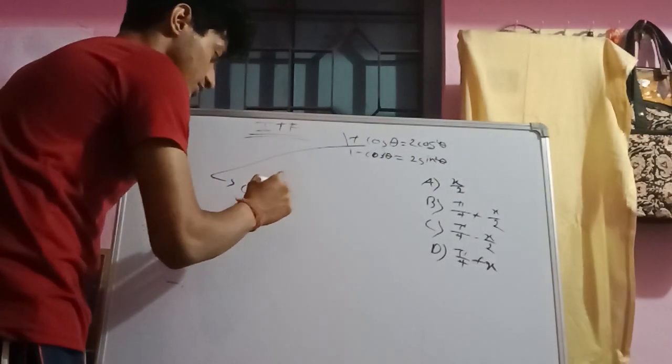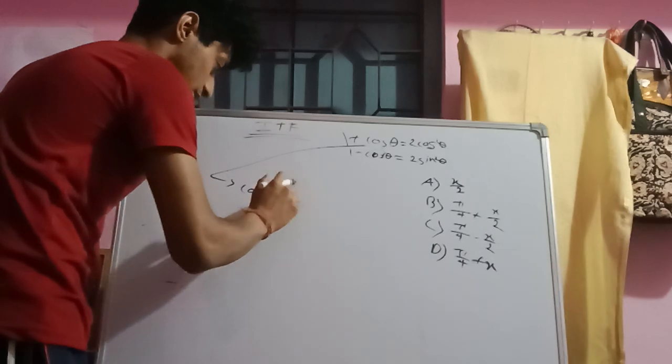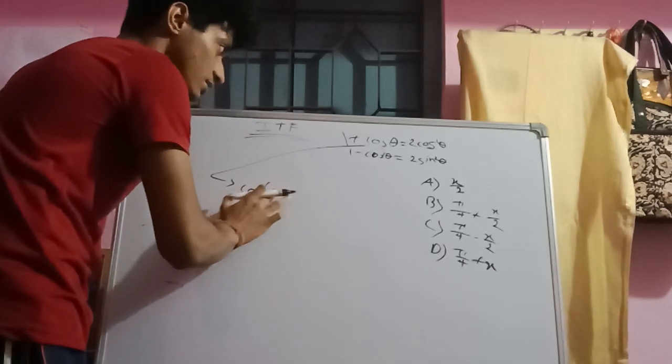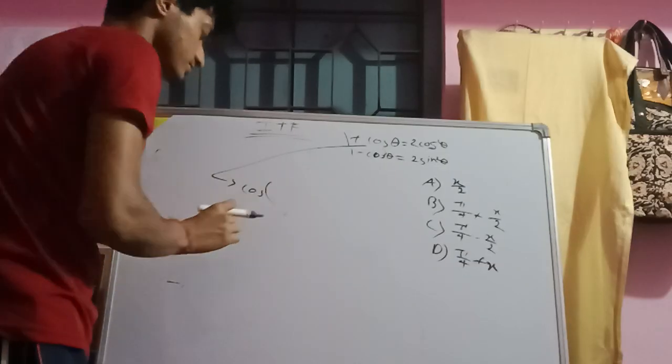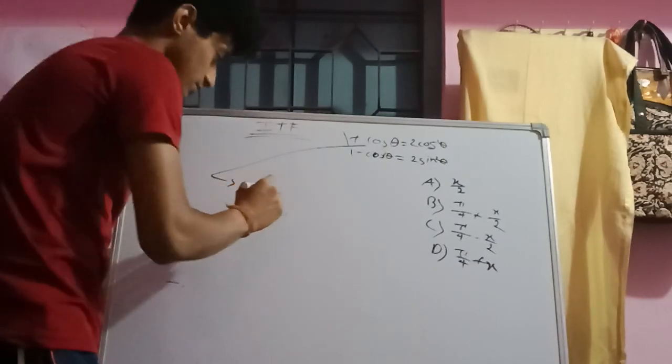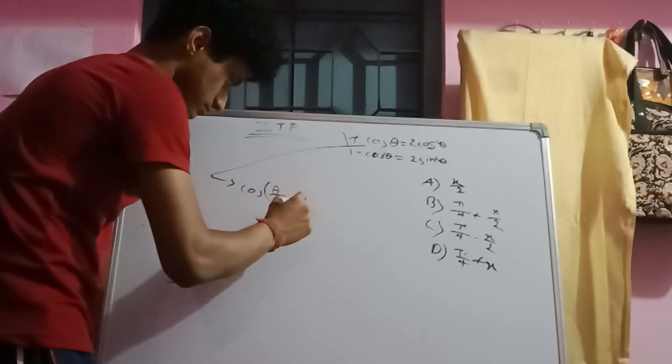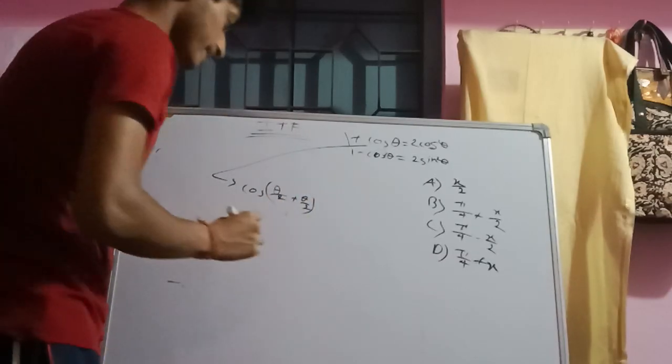I can rewrite cos theta as cos of theta over 2 plus theta over 2.